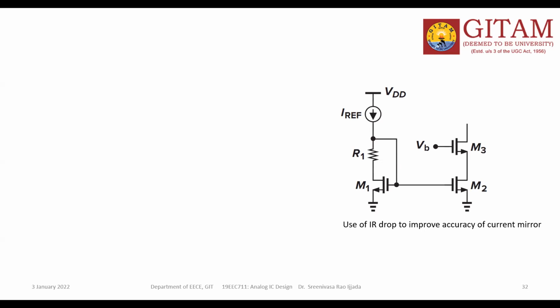The first issue is in the presence of PVT. What is PVT? Process, voltage, temperature. If you consider the PVT variations, it is difficult to generate R1, I reference approximately equal to VTH1.